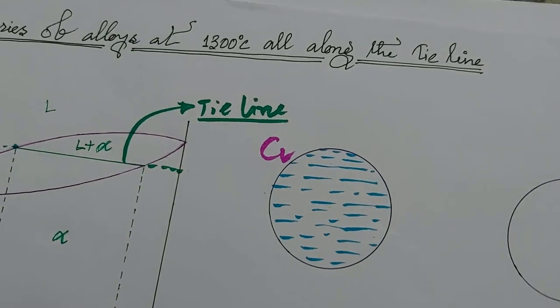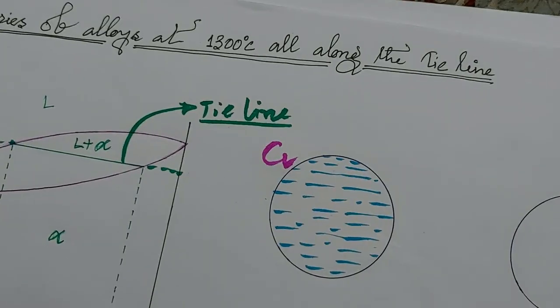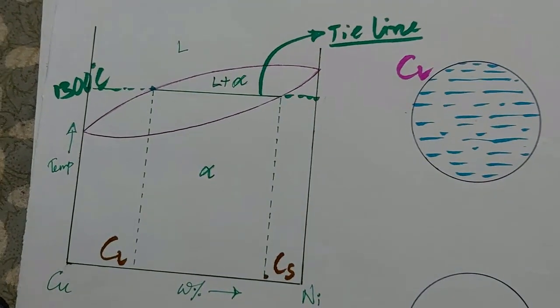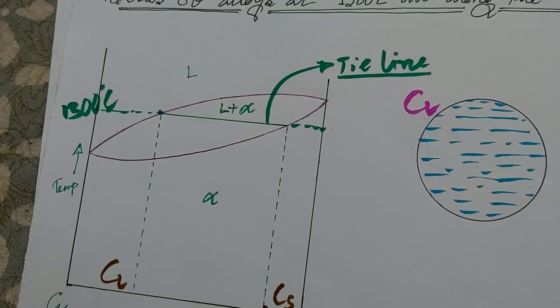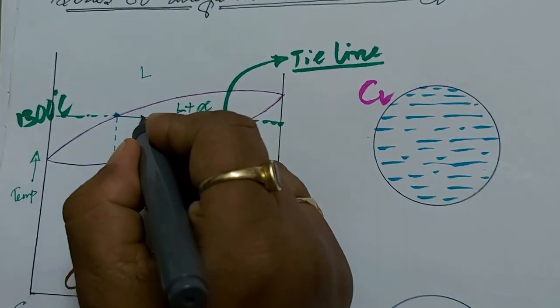Now we will take a point which is near about this Cl composition. Let us say this point.